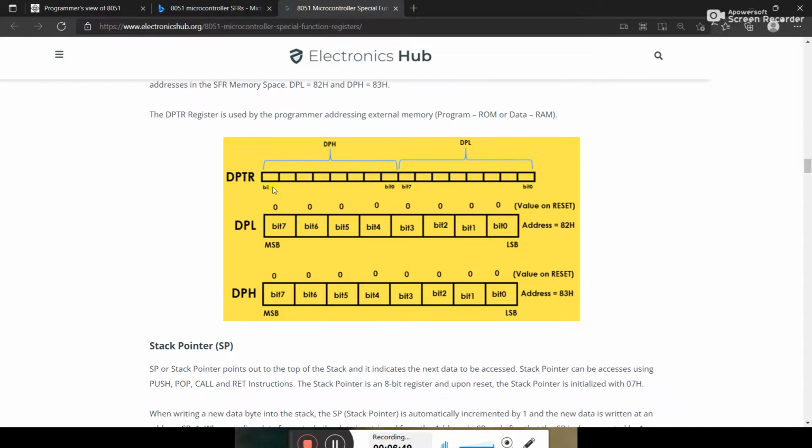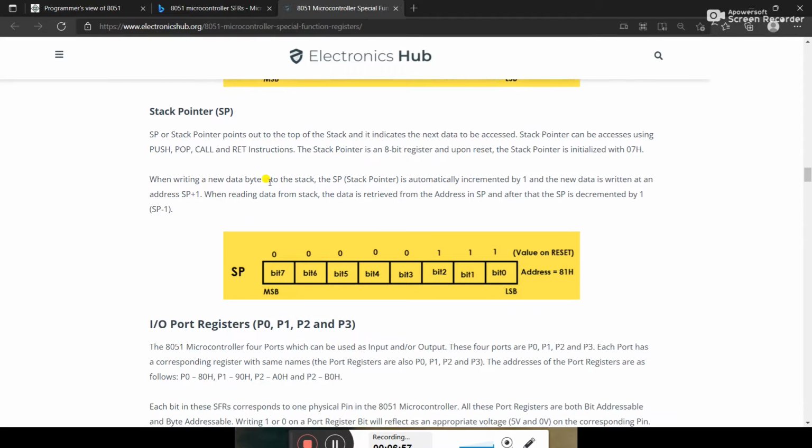This data pointer is basically used to hold the address of the memory location. Stack pointer, by default its value is 81H. Sorry, it is 07. By default its value is 07H on reset, and the address of this stack pointer is 81H.